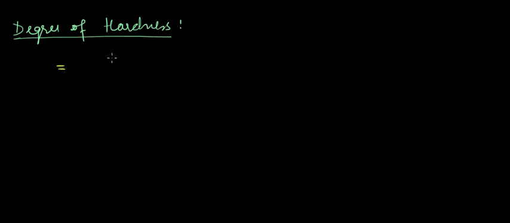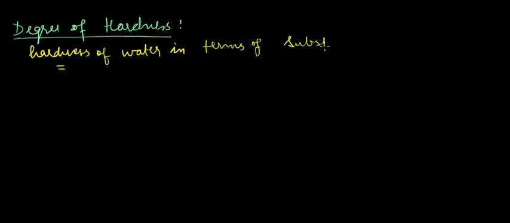Substance X can be either magnesium bicarbonate, calcium bicarbonate, calcium chloride, or magnesium sulfate. So we write, for a general substance X, ppm is parts per million.